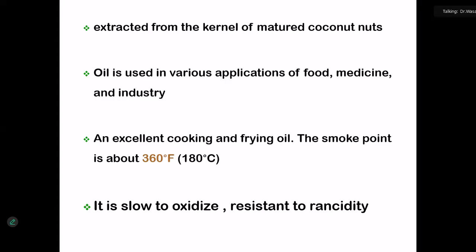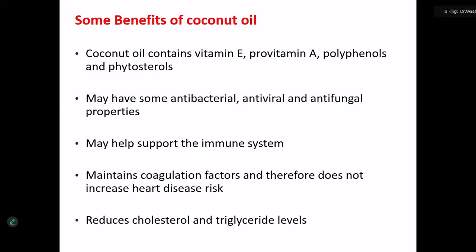Why? To boil coconut oil takes much time, 180 Celsius. You can easily make out whether your coconut oil is pure or not. That's very much important.